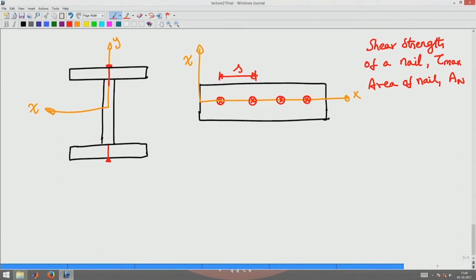I am interested in finding what the spacing of this nail should be so that it can withstand the shear stresses that are coming on that section.